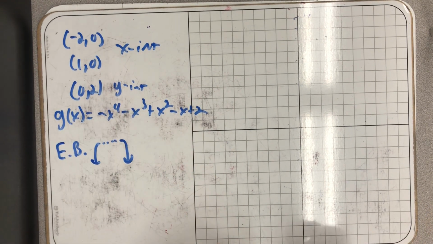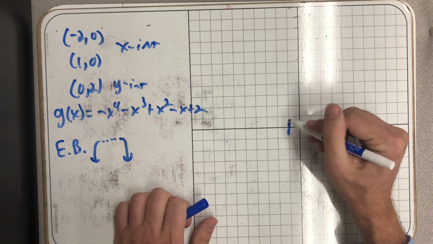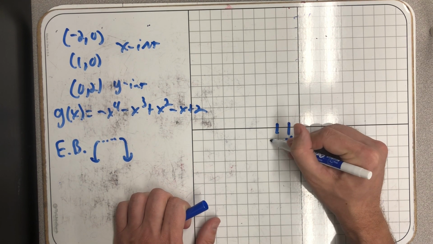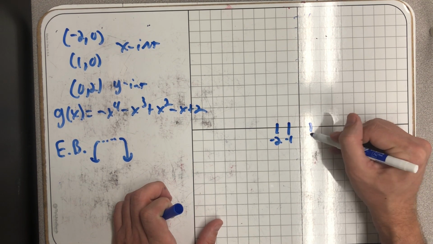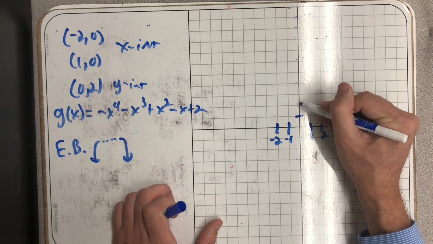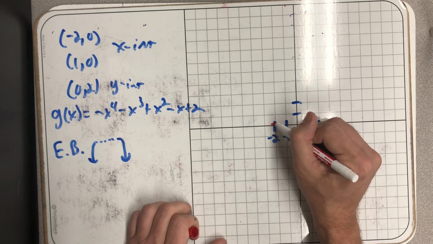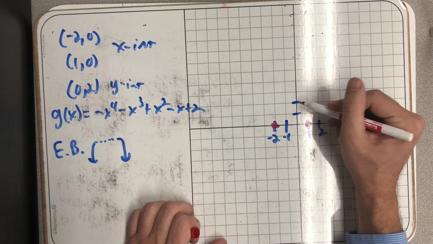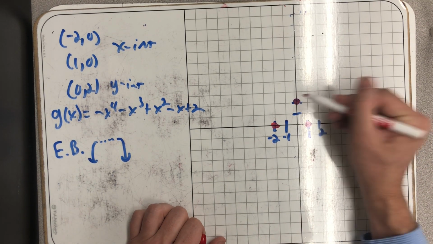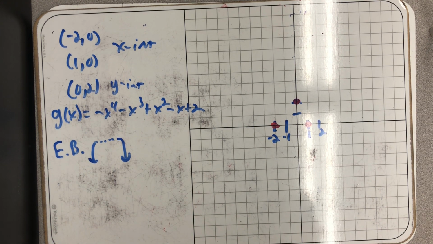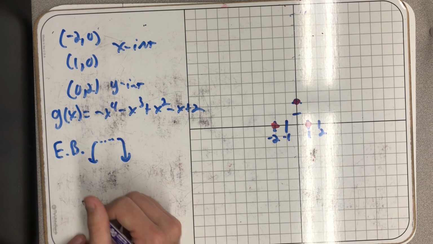Since all of my values are nice and kind of small, I think I'll just count in the normal way. So minus 1 and minus 2, 1 and 2, 1, 2. X-intercept at minus 2, 0 and 1, 0. There is my y-intercept. And I'll plot a few more points.